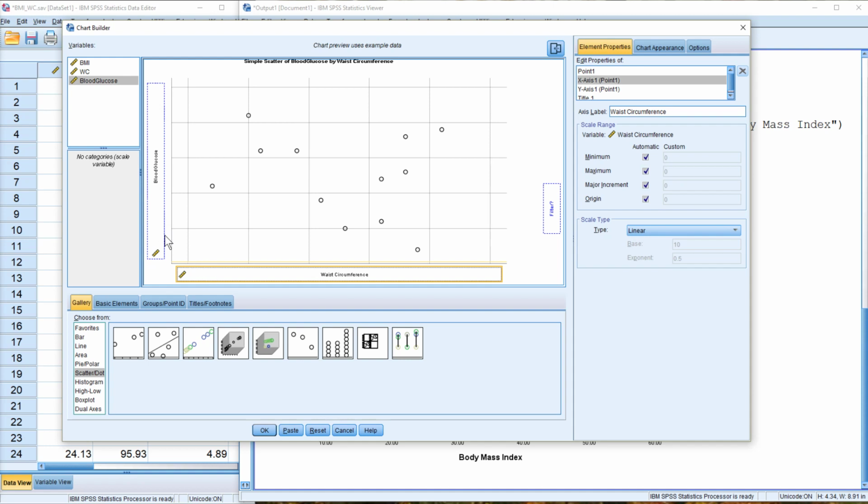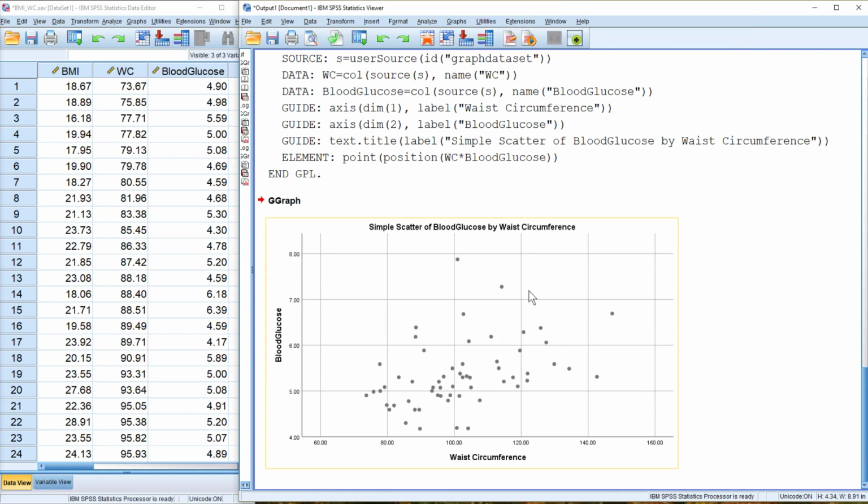It's not that one causes the other. But in a clinical situation you might want to use waist circumference as a proxy measure for blood glucose. So if you were trying to use one measurement to predict another, even though it doesn't cause the other, you would put that as the independent variable on the x-axis, and the one you're trying to predict would normally go on the y-axis. So we'll do them that way around.